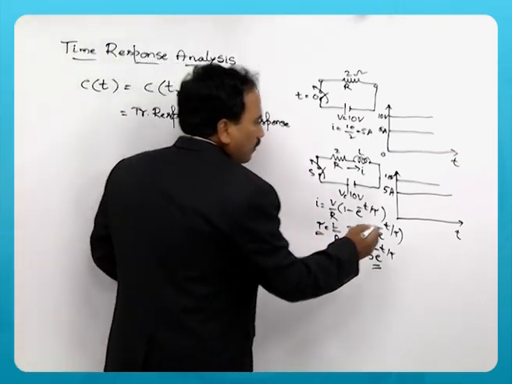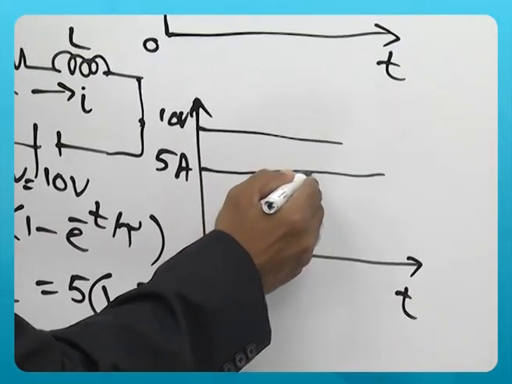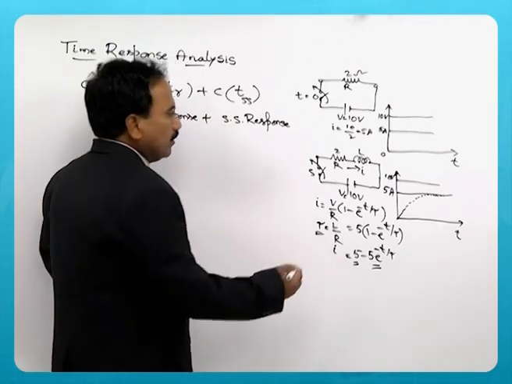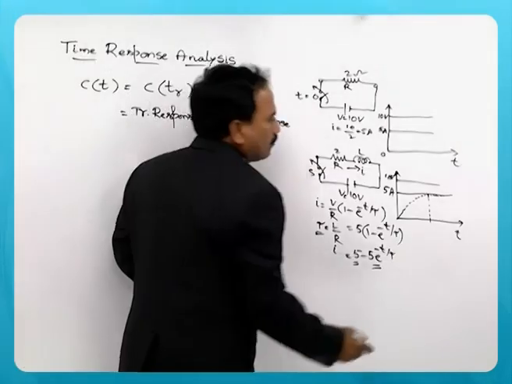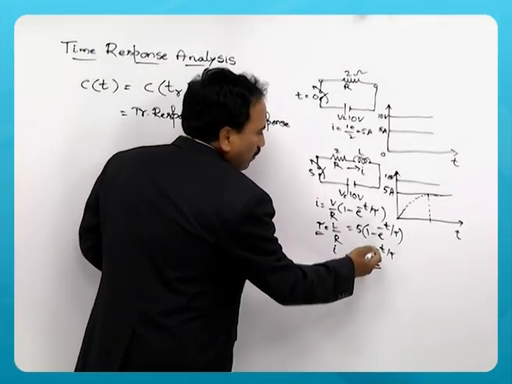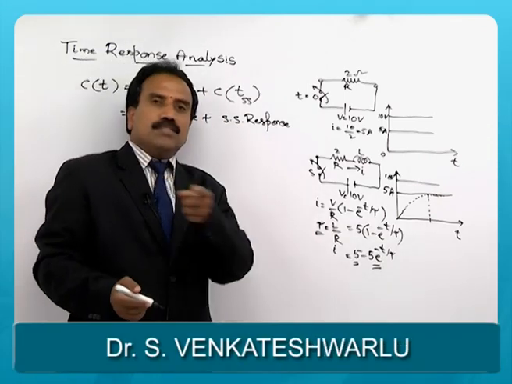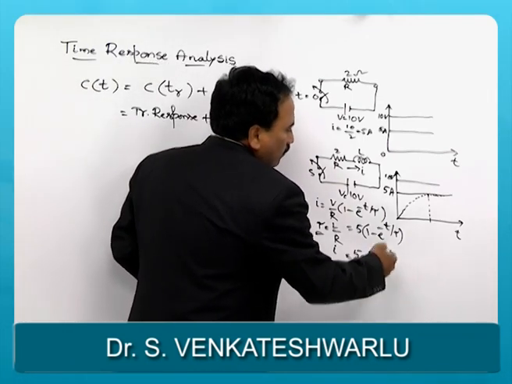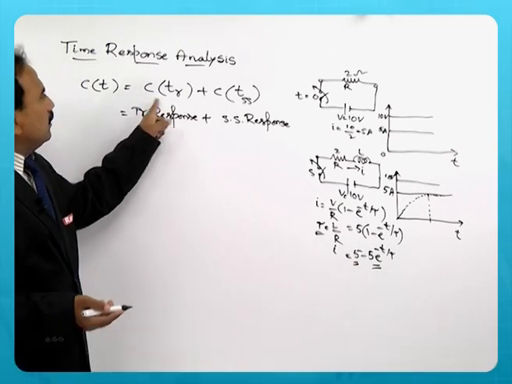So, now I will draw the response in an RL circuit, which will be like this. You can see that there is an exponential increase for certain time, that is given by 5 e power minus t by tau, and as time approaches infinity, this term will vanish.